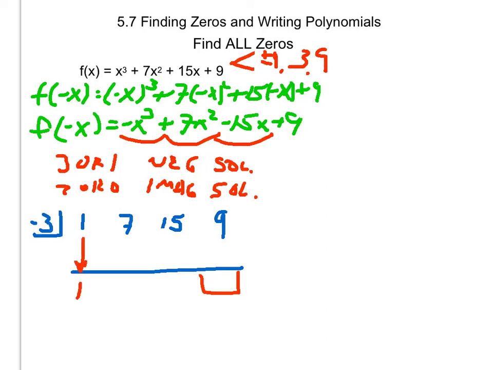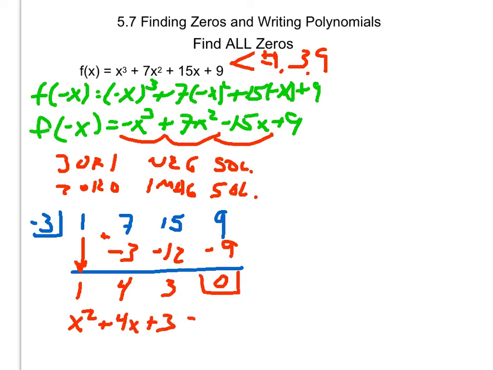So negative 3 times 1 is negative 3. Add down, we got 4. Multiply. Negative 3 times 4 is negative 12. Add it down, we got 3. Multiply. Negative 3 times 3 is negative 9. Add it down, we got 0. So we did it right. So we're left with an x squared plus 4x plus 3 equals 0.